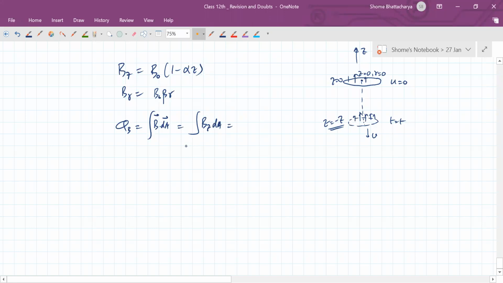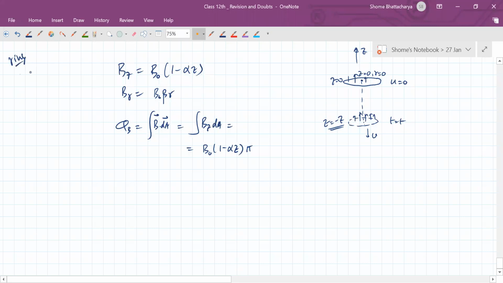It's only varying with Z. So it's going to be B naught 1 minus alpha Z into pi, and the radius of the ring is R naught.